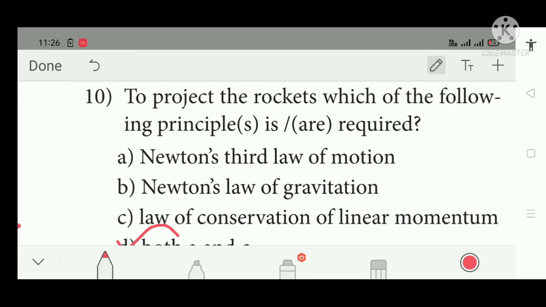According to the law of conservation of linear momentum, the momentum before launching is equal to the momentum after launching. As the altitude increases, the mass of the rocket decreases, but the velocity increases. So the projection of the rocket is based on Newton's third law of motion and also the law of conservation of linear momentum.